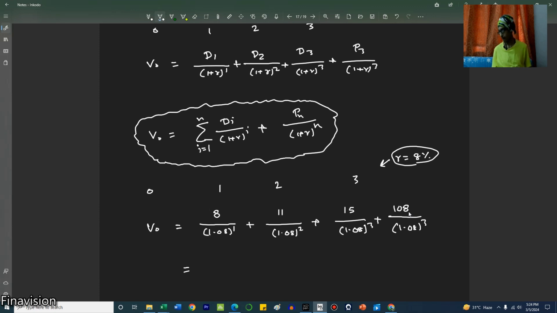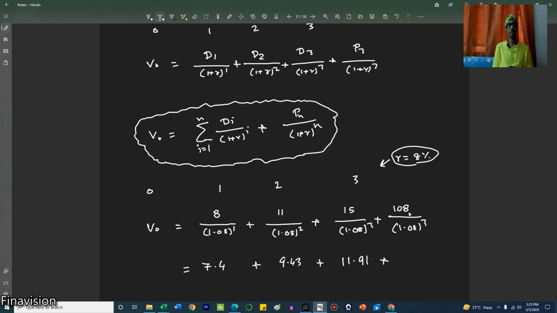So let us calculate it quickly. This is 7.4. The second expression is 11 divided by 1.08 squared, which is 9.43, plus 15 divided by 1.08 to the power 3, which is 11.9, or 11.91 approximately.